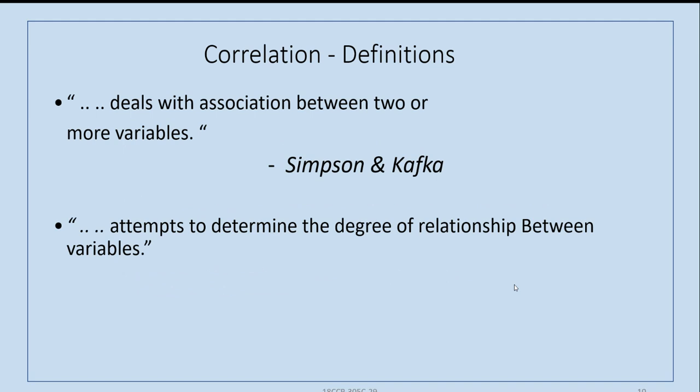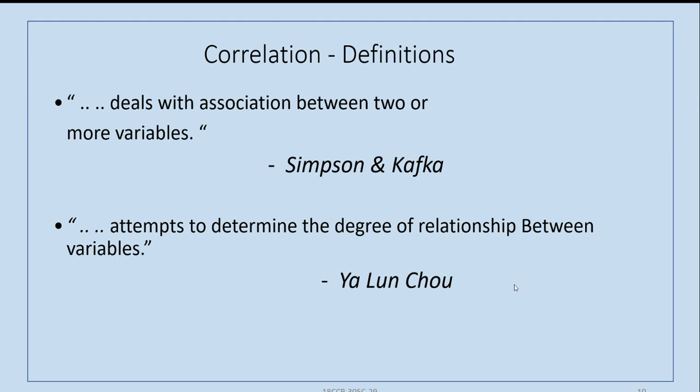Now we will see the definitions of correlation. The first definition is given by Simpson and Kafka. Both are statisticians. They had said that correlation deals with association between.